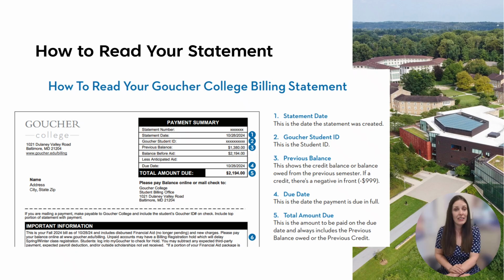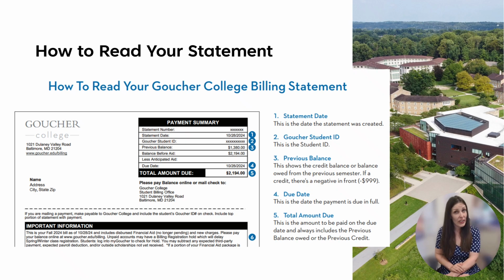So up in the top where you see the number 1 is the statement date. That is the date that that statement was created. Section 2 is your Goucher student ID. So if you ever need to know how to log into your NetPartner access, that Goucher ID is also listed on your statement. In Section 3, you have a previous balance.